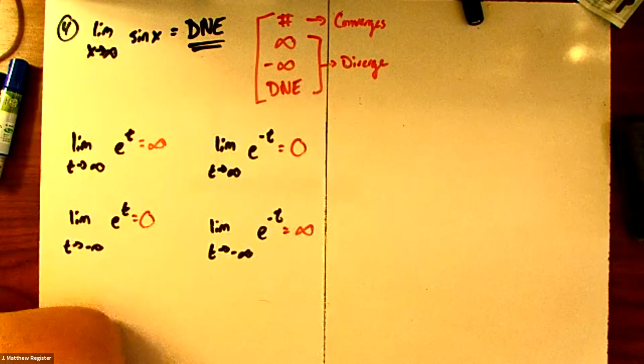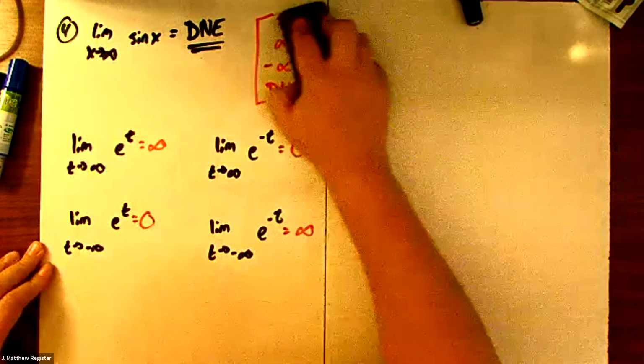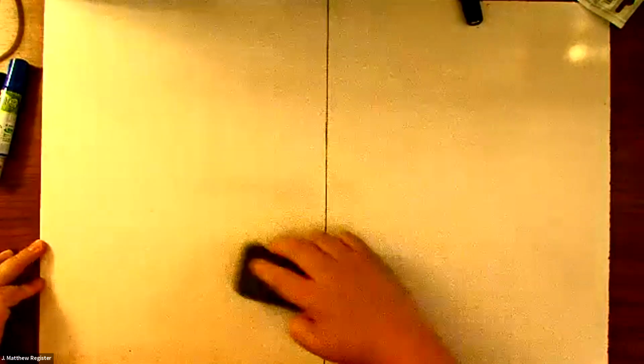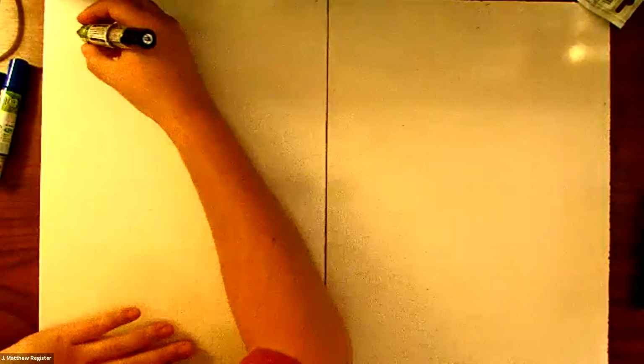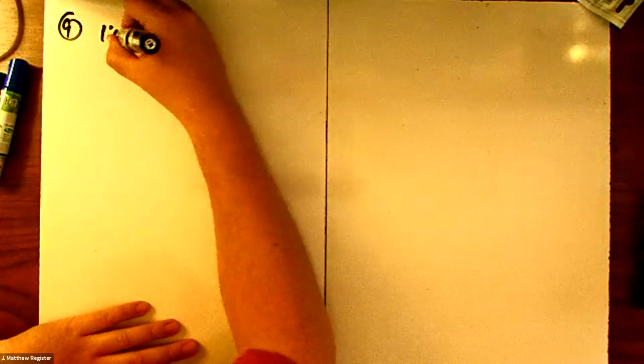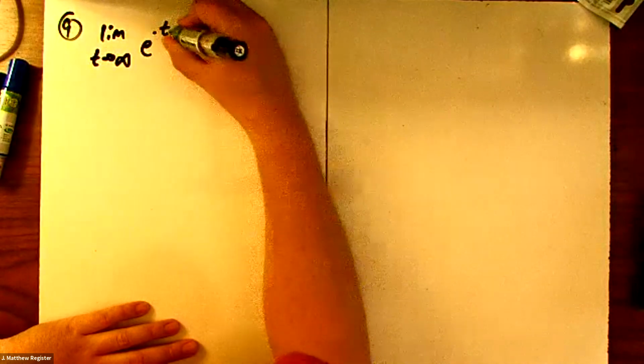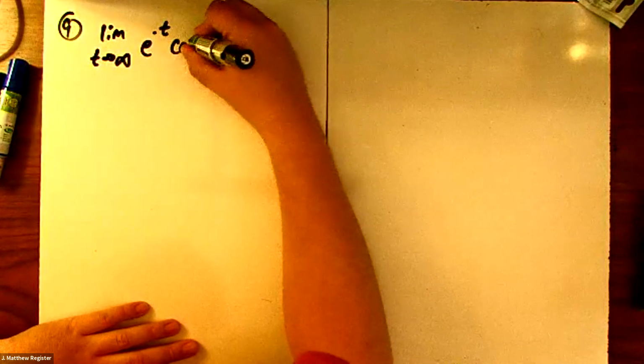The next one is kind of an interesting one. So now we are up to question number 9. And now we're starting to see the types of things that we're going to be dealing with the entire semester. So number 9 says the limit as t goes to infinity of e to the negative t times cosine of t.